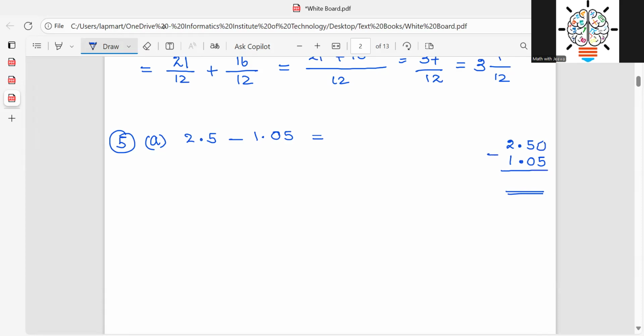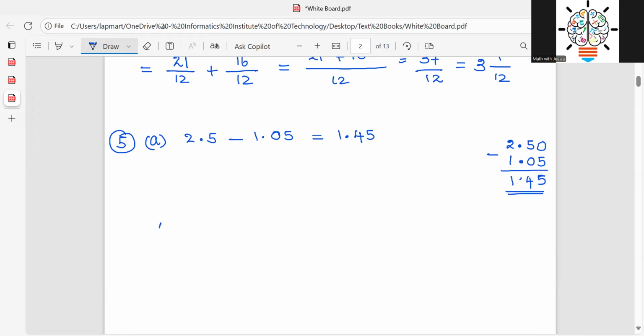If needed, you can fill this blank with a 0. So then 10 minus 5 is 5, and here it is 4, and here it is 1, right? So from 2.5, when you deduct 1.05, it gives me 1.45. And here I write 1.45.